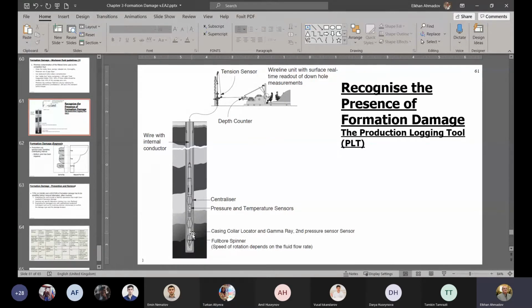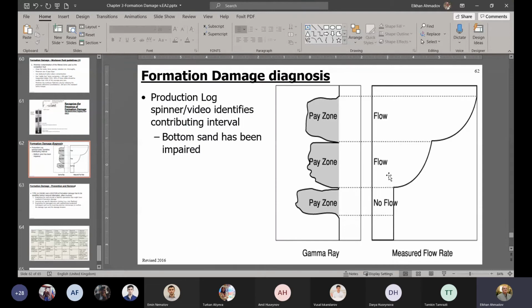Okay. And then when we go into the flow zone, the spinner is now seeing not only the velocity of the pulling out, the velocity of the cable, but also, as it goes through the producing zone, it sees flow coming into the wellbore and going upward to the surface.